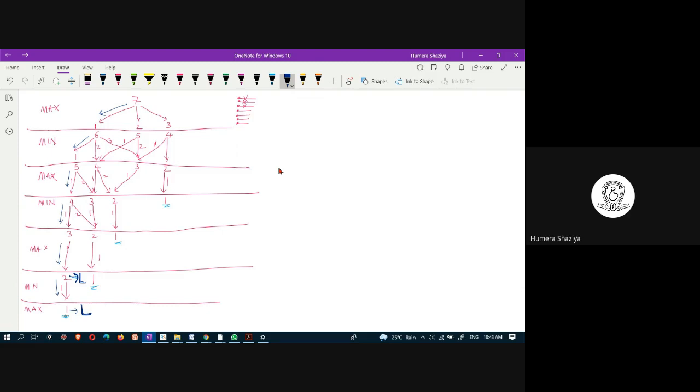What are Max's successors? Only one successor, and it is L. Therefore, this is also L. And what is this Min? Min has got two successors. We don't know what is the status of 2. So let us check up on the other path. What happens?